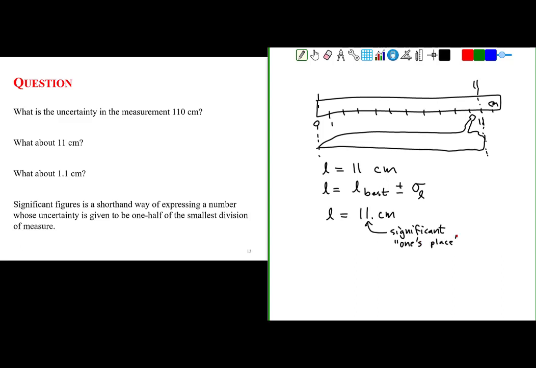Since it's the ones place, the uncertainty in that length is given to be plus or minus 1/2 times 1. This value is plus or minus 0.5, and I should list our units. This is in centimeters. Uncertainties have units with them as well.